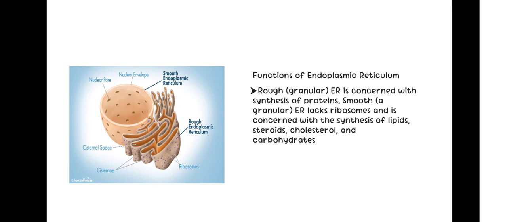In the picture you can also see that the smooth one is without ribosomes, and the rough one is with ribosomes. Rough or granular endoplasmic reticulum is concerned with the synthesis of protein.